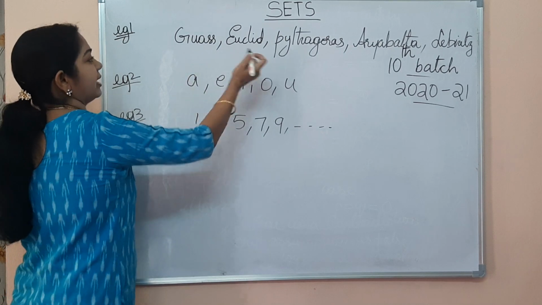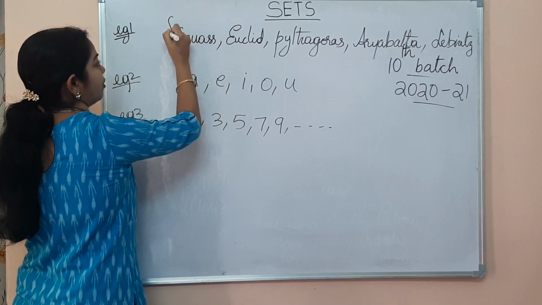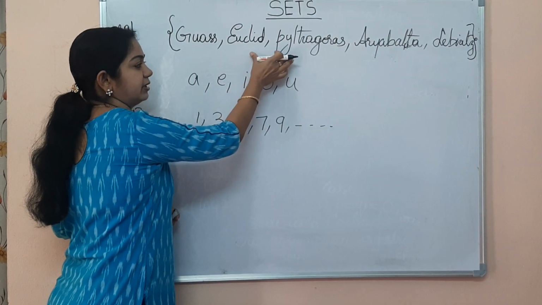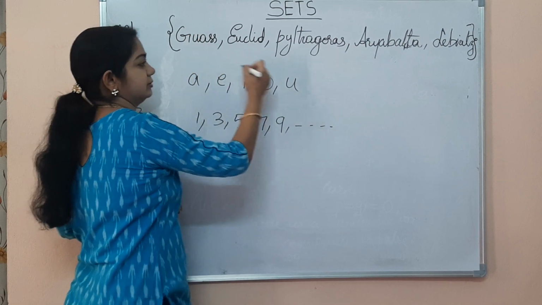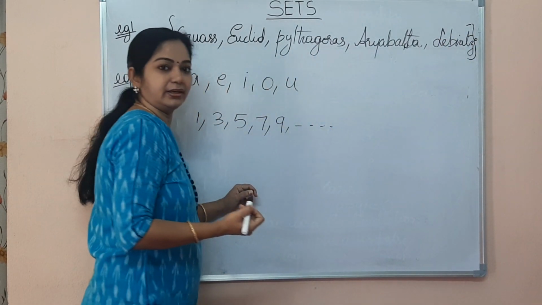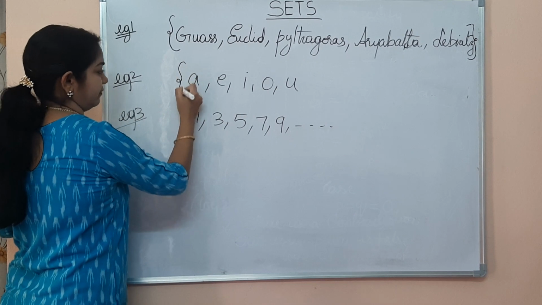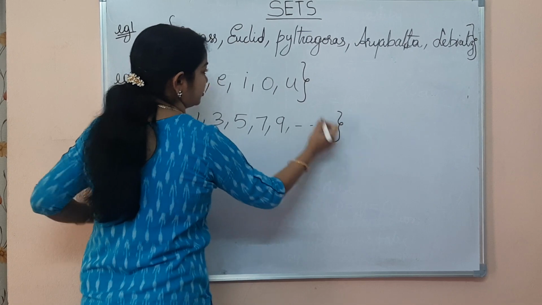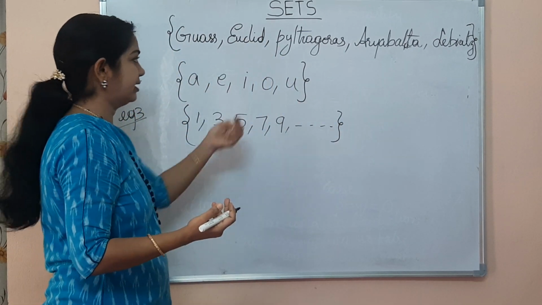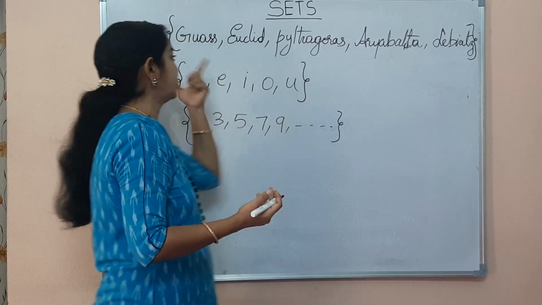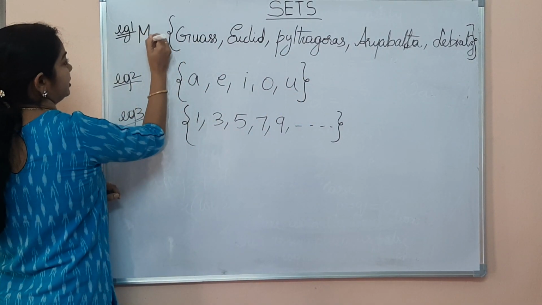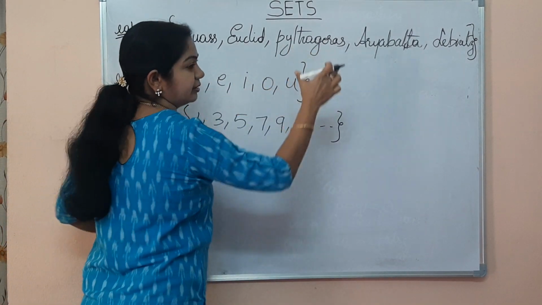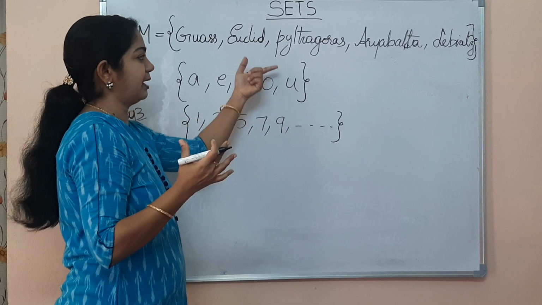Okay. So this collection, if I represent it in the form of flowery brackets, I represent these few great mathematicians under a flowery bracket. Here I have listed out the vowels, here the odd numbers. So they form a set. If I denote it with a capital M, the M set has a few of the great mathematicians.